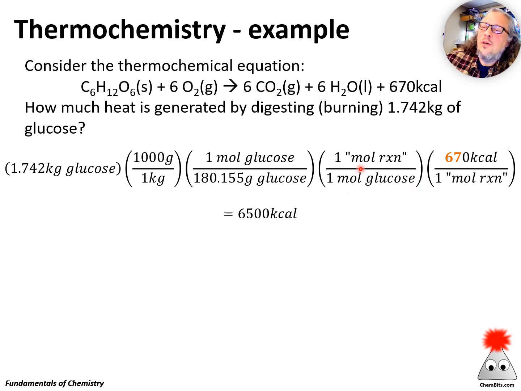So 1 mole of reaction, so it's the reaction as written or the reaction as balanced, in this case has 1 mole of glucose. So I canceled out my moles of glucose, I'm left with moles of reaction. And the reason this is important is because this 670 kcals has to have a unit associated with it.